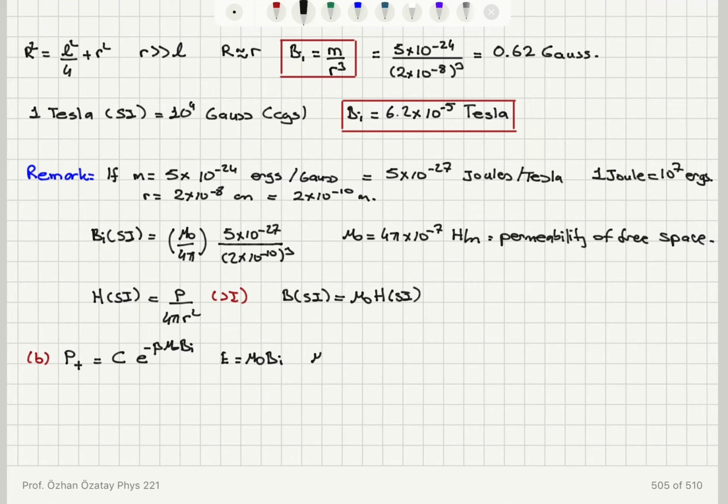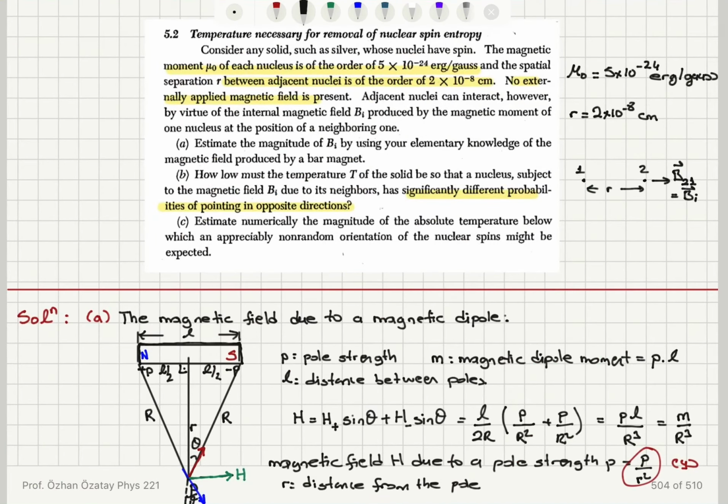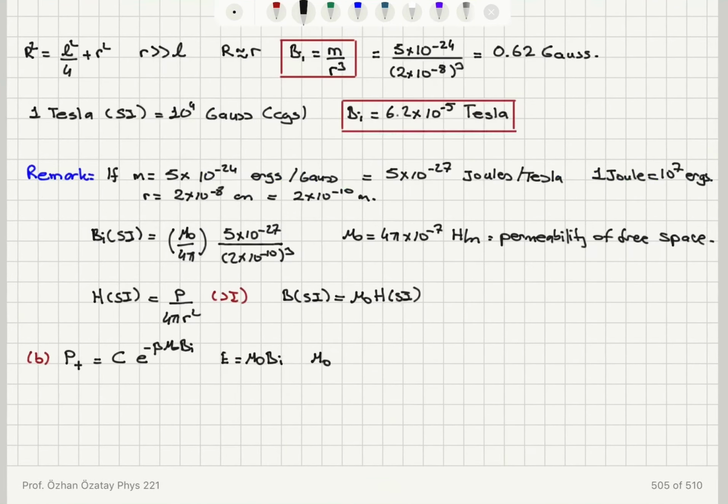So mu 0, this one is not the permeability of free space, so be careful with this one. Mu 0 was given as 5 times 10 to minus 24 ergs per Gauss, remember. So this mu 0 pointing in the opposite direction to B internal has the energy plus mu 0 B internal. The probability is C times e to the minus beta energy, remember. So it is given by this expression.